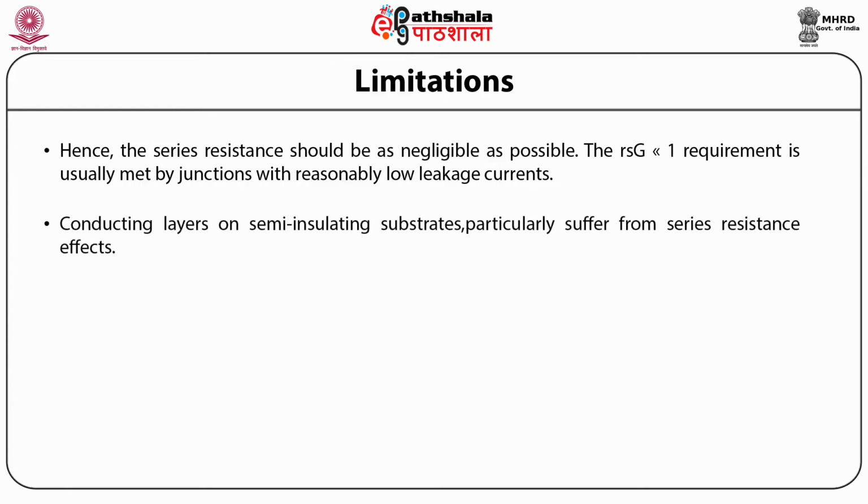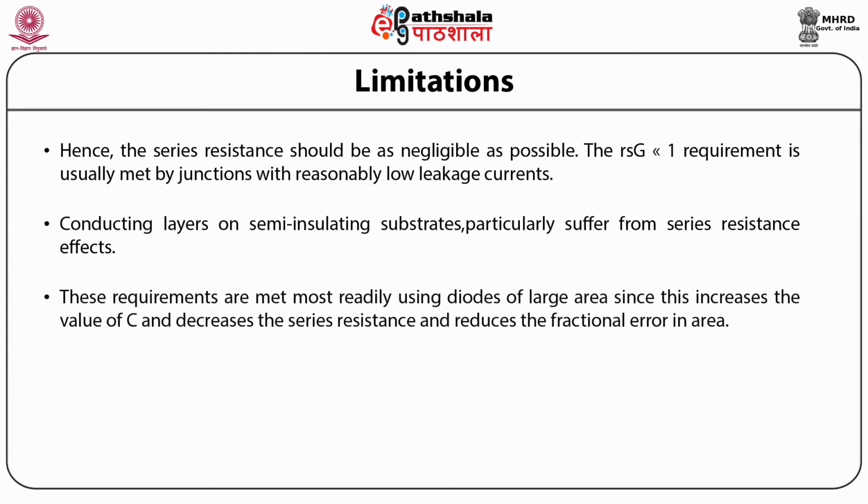Conducting layers on semi-insulating substrates particularly suffer from series resistance effects. These measurements are met most readily using diodes of large area, since this increases the value of C, decreases the series resistance, and reduces the fractional error in area.